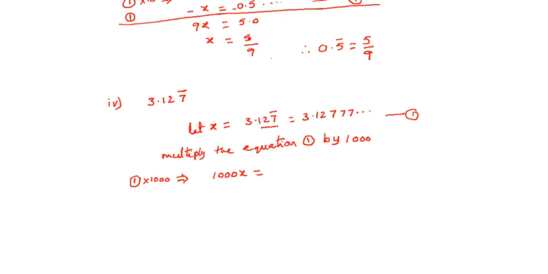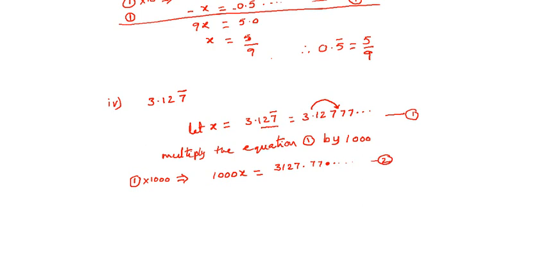Hence, the decimal point moves from this place towards the right side by 3 places. That means what we get? 3127.77, etc. Let us take this as equation 2.